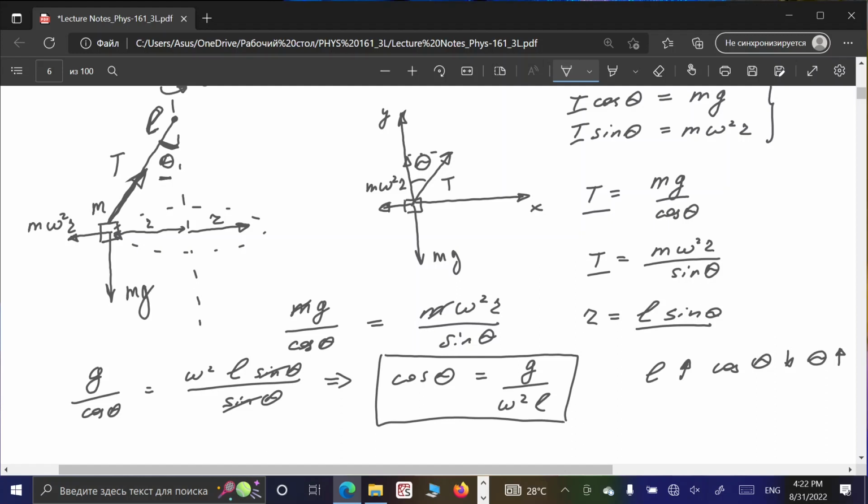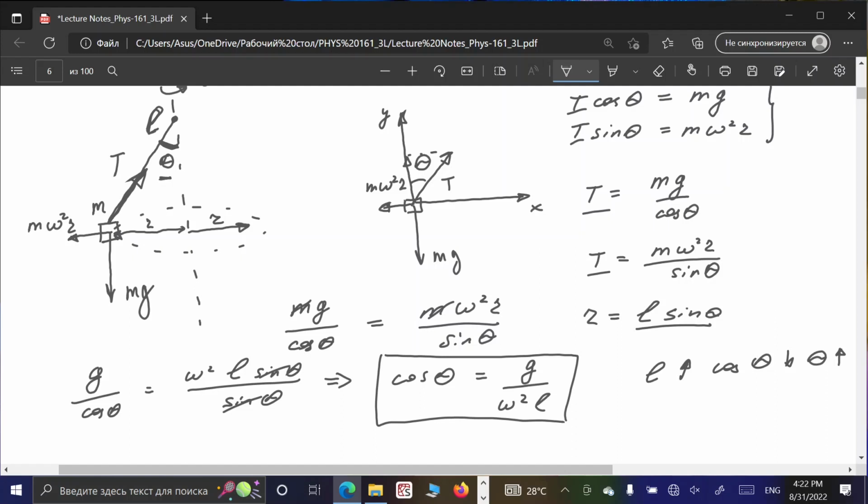And there is another more influential factor, since we have angular velocity in second power here. So you always need to pay attention to parameters which are more important for the dependence which you are studying.